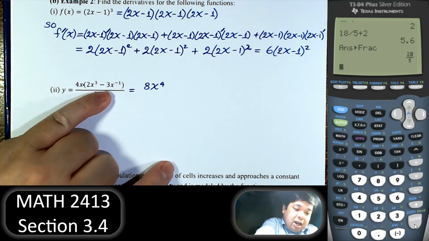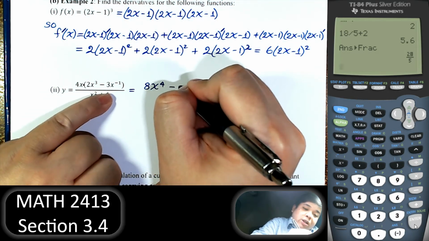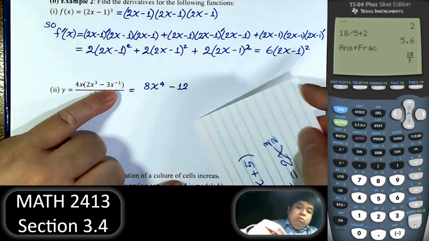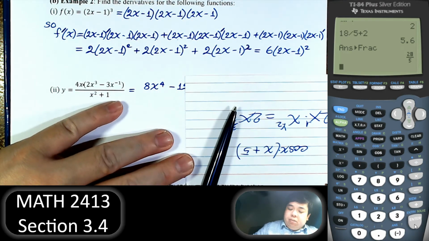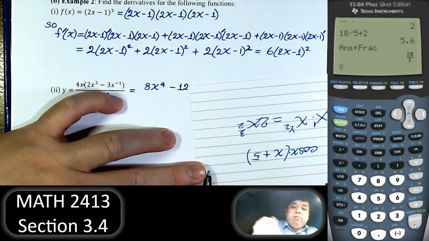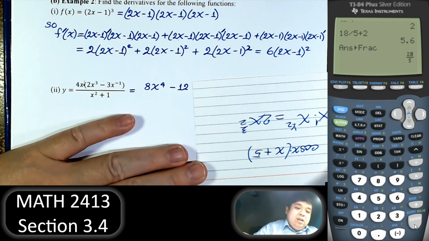And then 4x times negative 3x to the negative 1, 4 times negative 3 is negative 12, x times x to the negative 1. When we multiply two things with the same base, combine the exponents. By default, the exponent is 1. 1 minus 1 is 0. And x to the 0 power is 1.